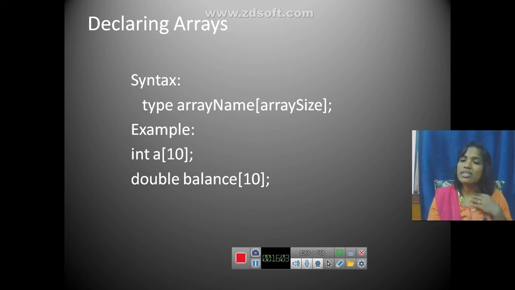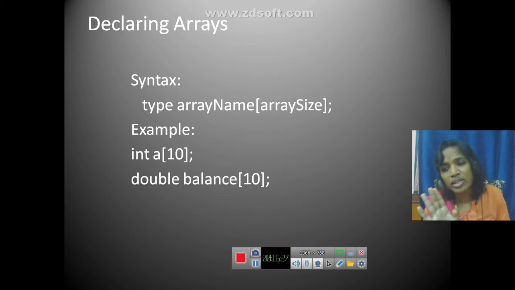They reside side by side, so they store the information one after the other. So here array A is allocated 10 into 2 bytes, 2 because you are using an integer. If you are using a character, it allocates only 10 bytes. As it is an integer, it stores 10 into 2 bytes. 20 bytes of memory will be allocated to you so that you can access your array elements.